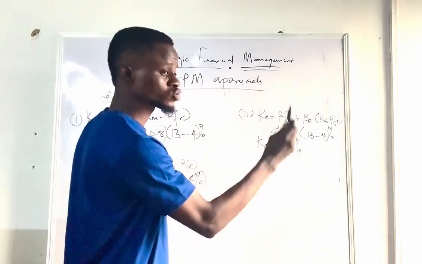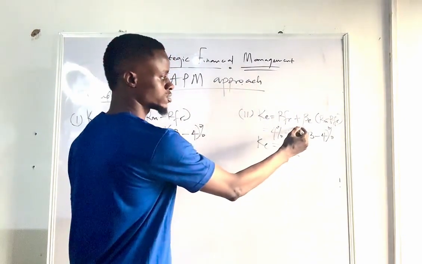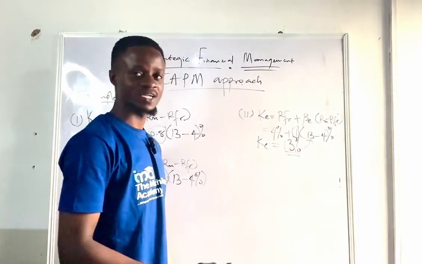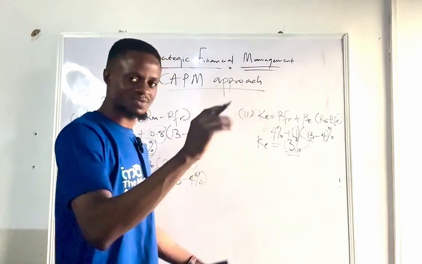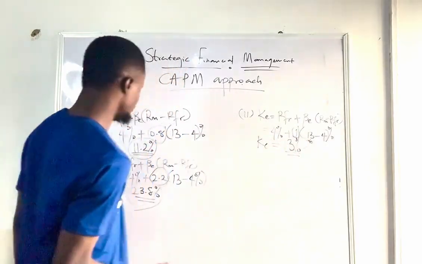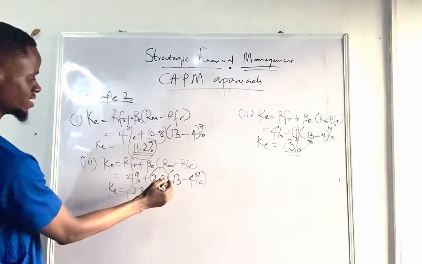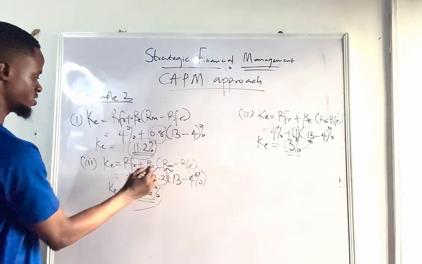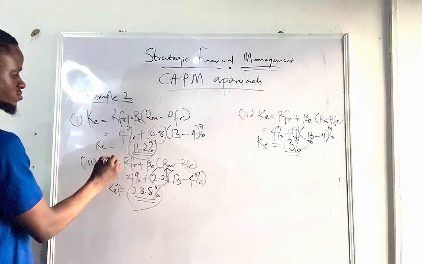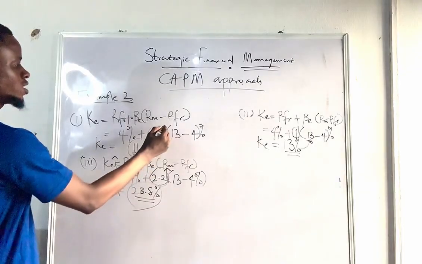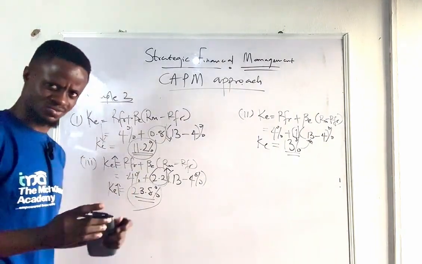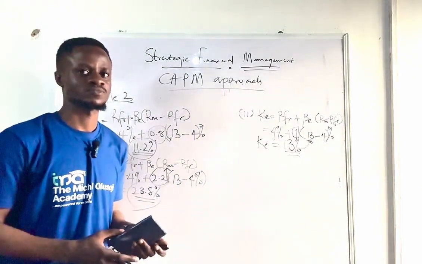And this one that has just one risk, can you say that it's the same thing as the market return itself? The return that is in the market is the same thing. That is just to tell you that the higher the risk, the higher the return, which is K. The lower the risk, the lower the return. Do you understand? It's that simple.